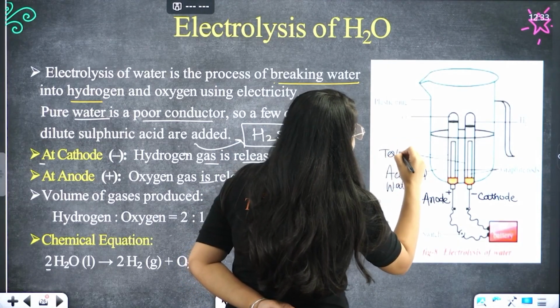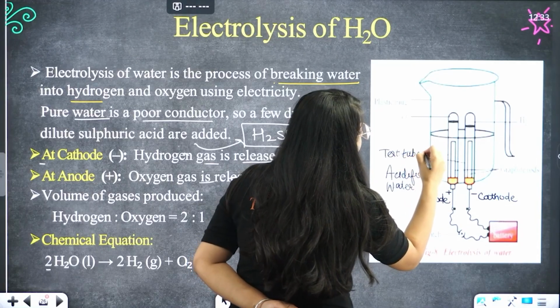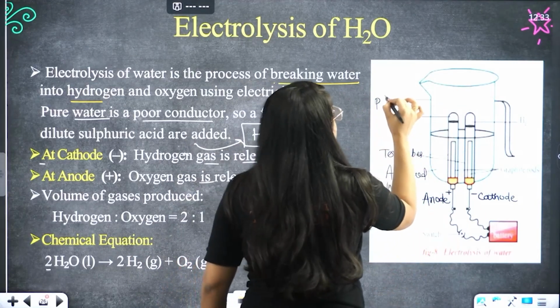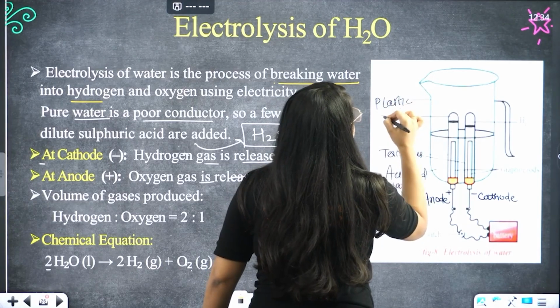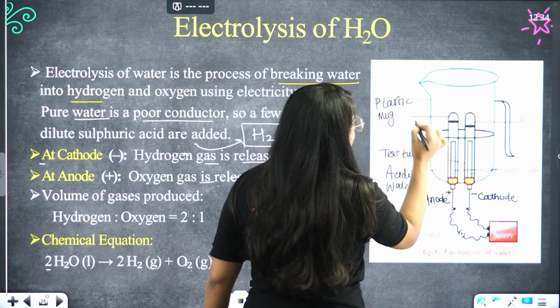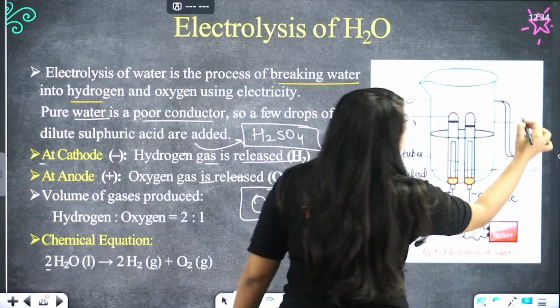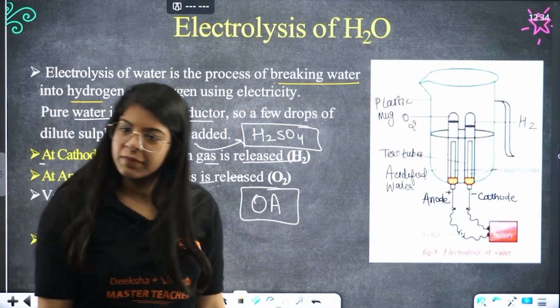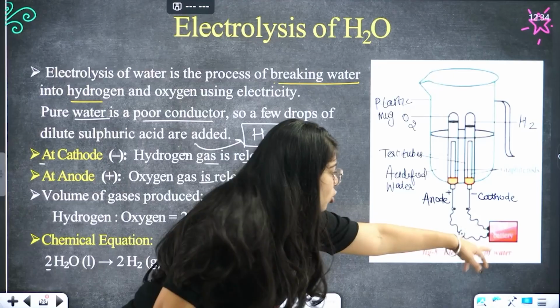These are test tubes, placed over the anode and cathode. This is just a plastic mug. At the anode we get O2, at the cathode we get H2. That is it. And this is some source of electricity.